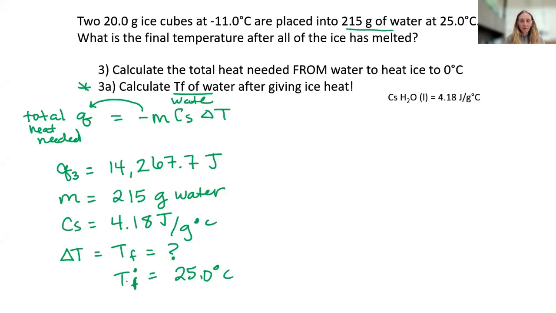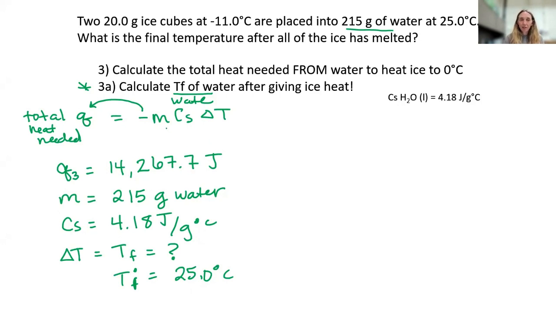So we have all of our information here, our heat from the ice going from negative 11 as a solid to an actual liquid. That's how much heat is needed for the process. We have our mass of our water, our specific heat of our water, and our change of temperature. And we have an initial temperature of 25 degrees Celsius. That temperature is going to go down in order to give the heat to that ice. Okay, so that's how the problem's set up.